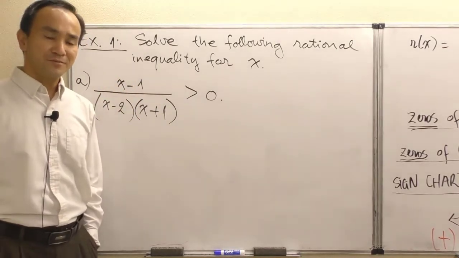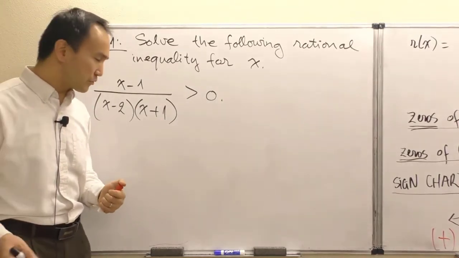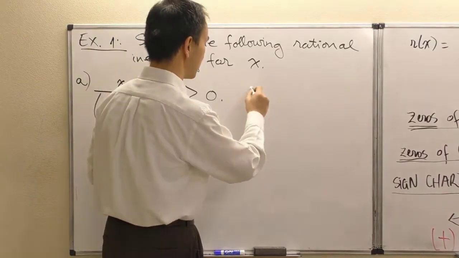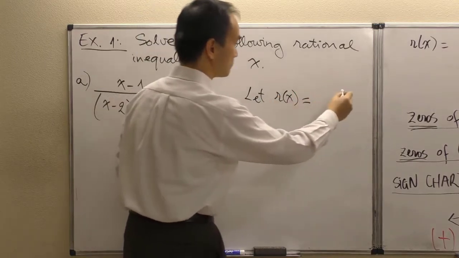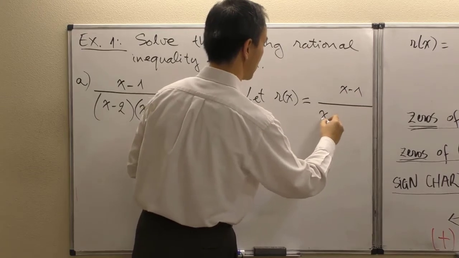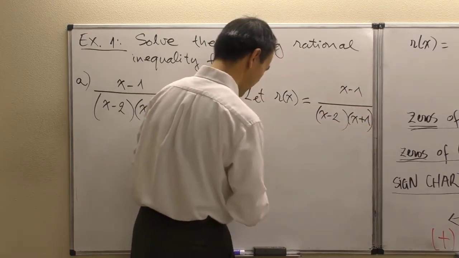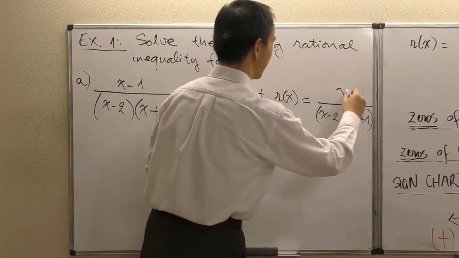All right, so now we're going to start repeating those steps that I introduced right here. So the first easy thing, now I'm going to recognize that, hey, we can let R of x be a rational function that is x minus 1 divided by x minus 2 times x plus 1. So that entire left hand side can be regarded as a rational function.